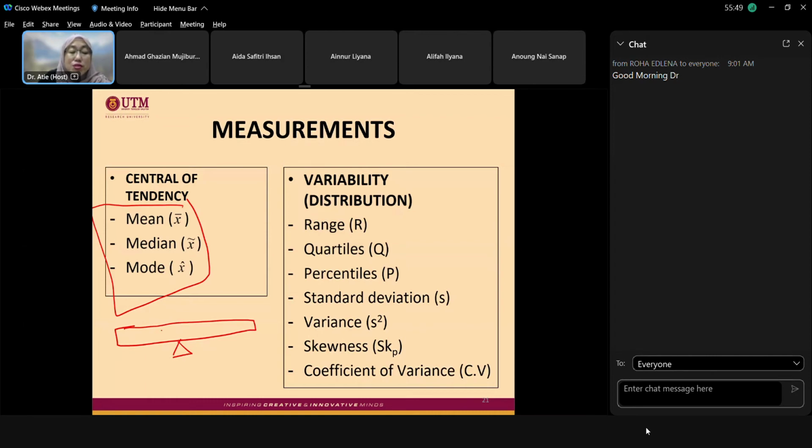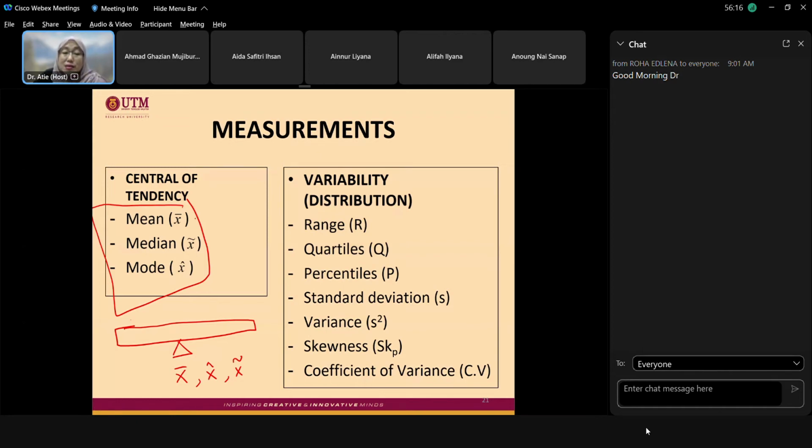In order to make this bar balanced, we must have the mean, the mode, and also the median at the center. If the values are at the center, we can say that our data set is balanced. What does balance mean? The good and the bad will be even, equal.